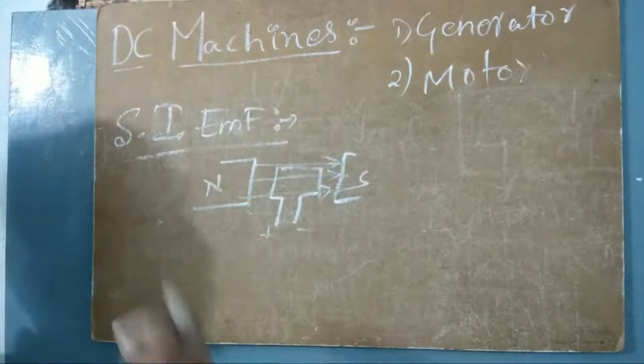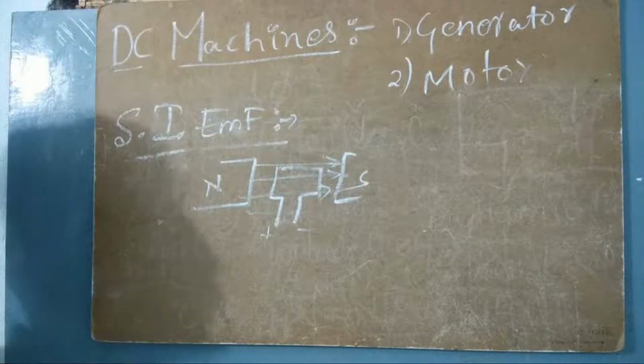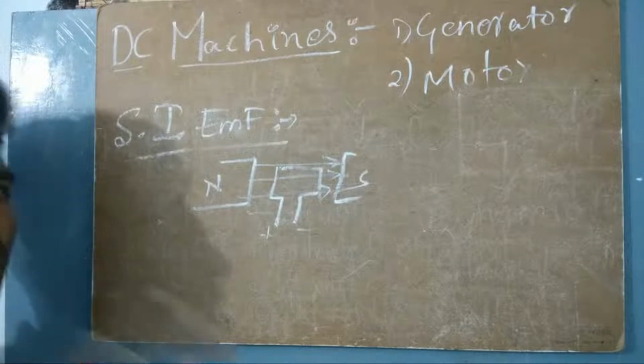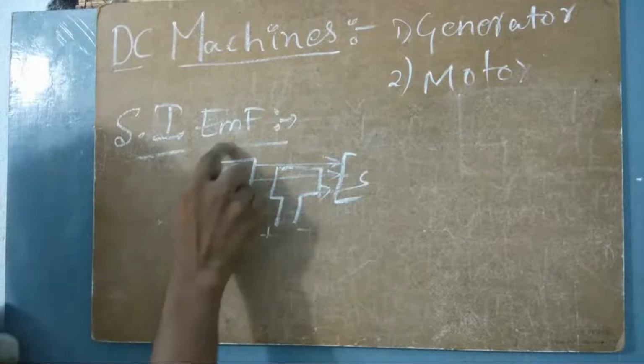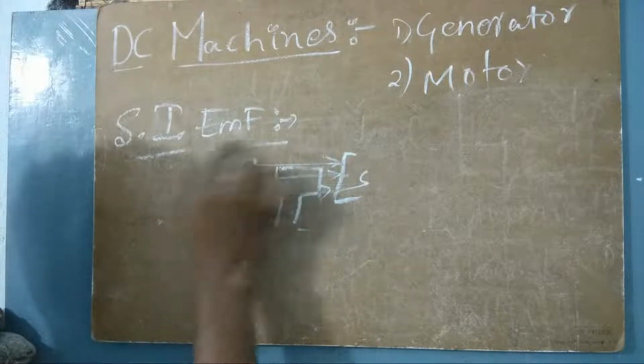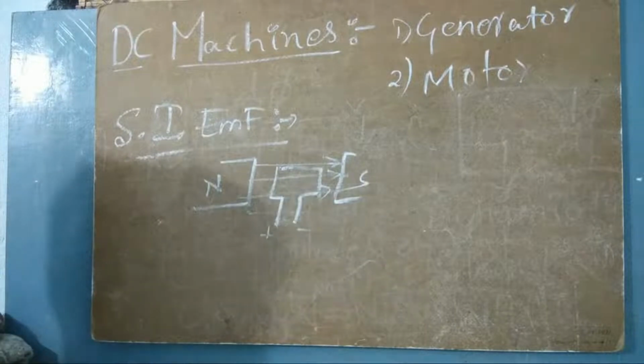The voltage we get for our power appliances at home is the terminal power we take. Do not confuse that with EMF. EMF is nothing but the electromotive force which forces an electron to move from one point to another.